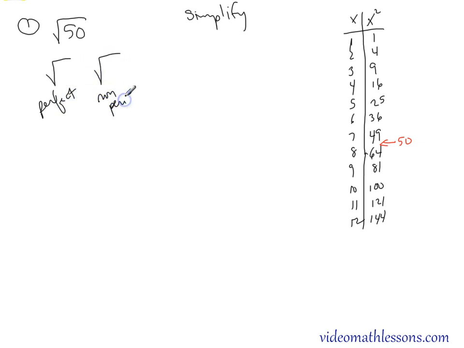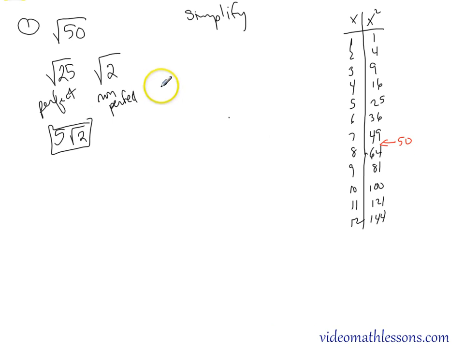It's probably best to keep them in this order. The perfect that goes in 50 nicely would be 25. And what's left over? Well, what makes 50? 25 times 2. And then finally, you actually do it. The square root of 25 is 5. Left over, radical 2. And that is how you simplify a radical: 5 radical 2.